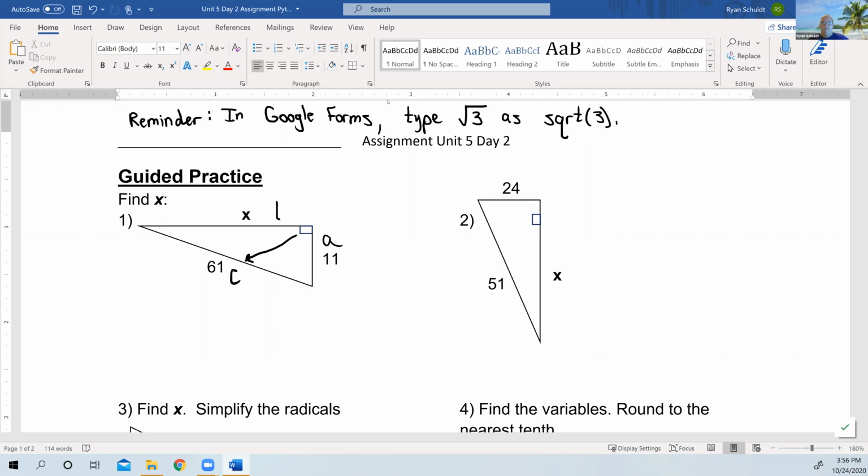We've got A, we've got B. So we can do 11 squared plus x squared equals 61 squared. 11 squared is 121 plus x squared equals 3721.